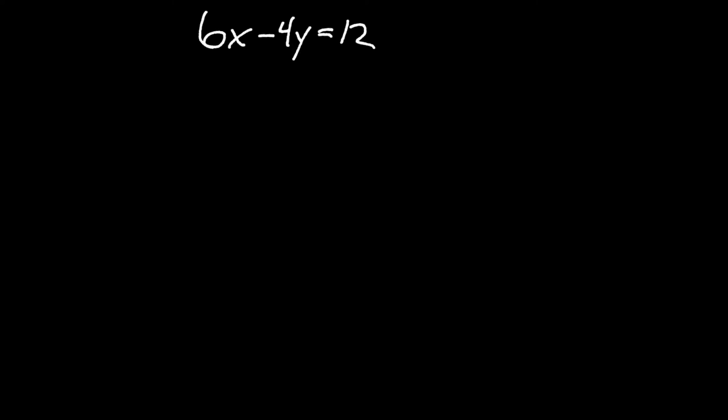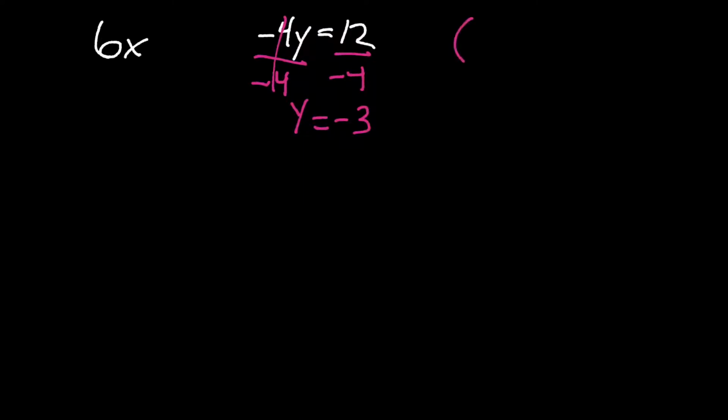So I'm going to do like I did before and pretend this 6x is not here. And now I have negative 4y equals 12. If I solve for y by dividing everything by a negative 4, I'm going to come up with y equals negative 3. So my y-intercept is 0, negative 3.